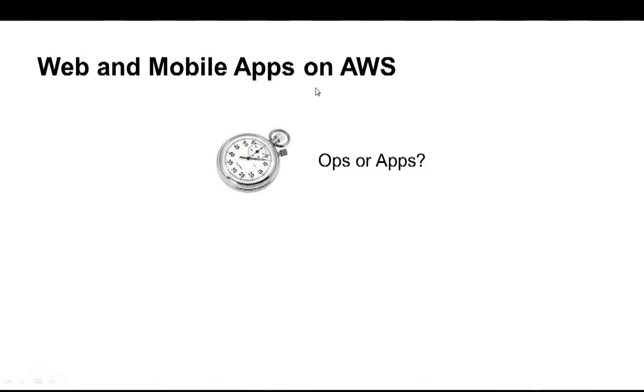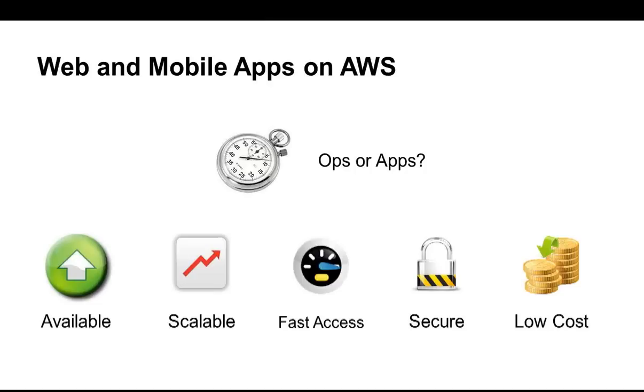So in terms of running web applications on AWS, the main question is, do you want to focus your time on operations, or do you really want to focus your time on developing your application, adding features, making your app or website better? And what we really do is help you to focus on your application instead of the operations, because you really need 5 things to ensure that you can focus on your app.